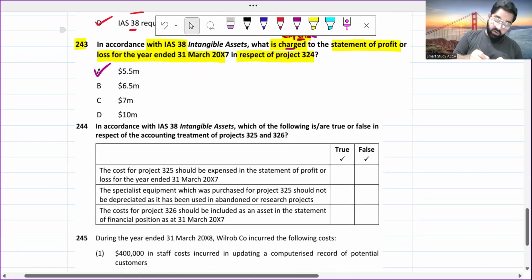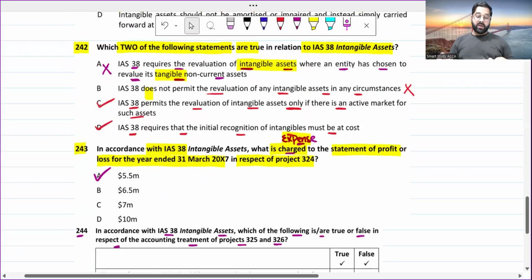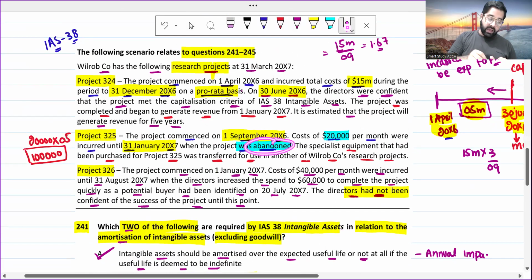Next, 244. In accordance with IAS 38 Intangible Assets, which of the following is true or false in respect of the accounting treatment of project 325 and project 326? The cost of project 325 should be expensed in the statement of profit or loss for the year ended 31st March 2007. It is true, because I already told you that project 325 has been abandoned and any cost incurred will be expensed to profit or loss.